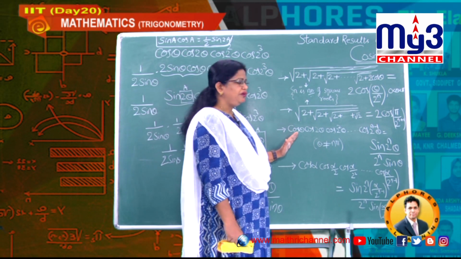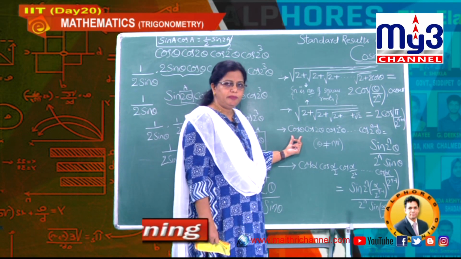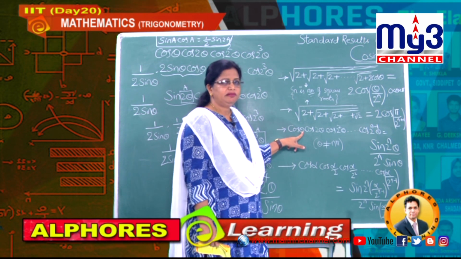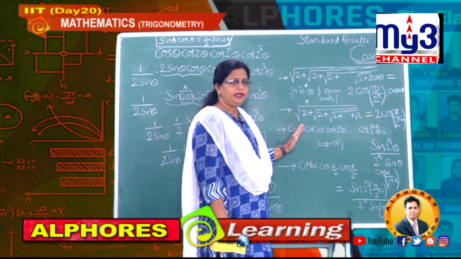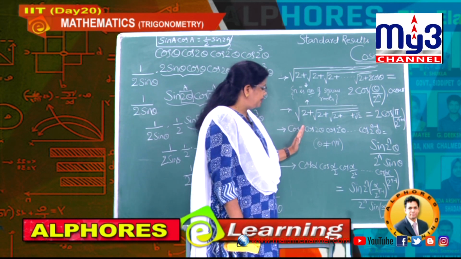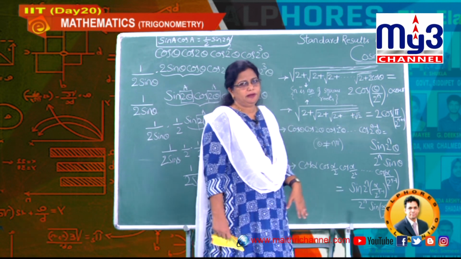This problem you have started by taking half sine theta multiply and divide. Theta is the least one, thereby immediately the formula will come: sine 2 theta cos 2 theta, again sine 4 theta cos 4 theta, etc. You can obtain it till the end.